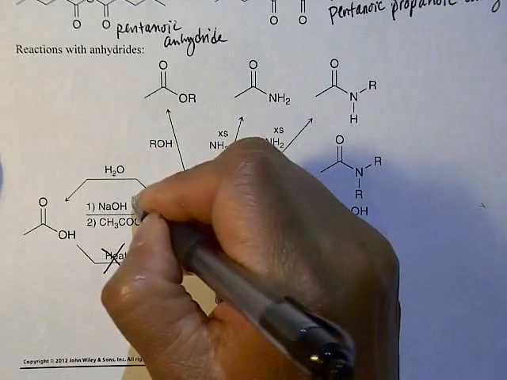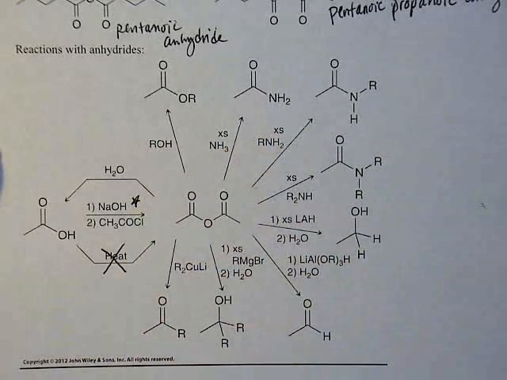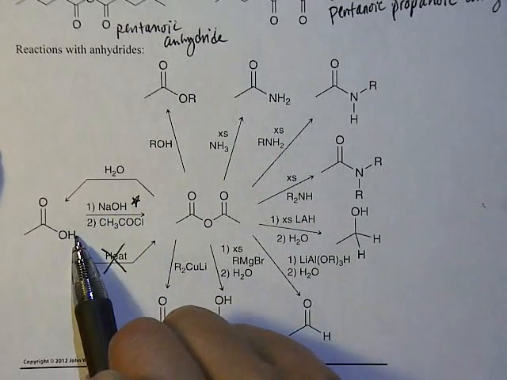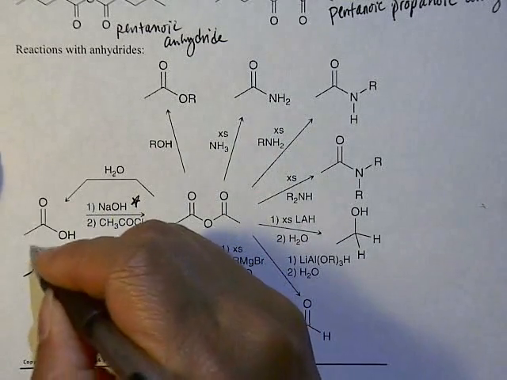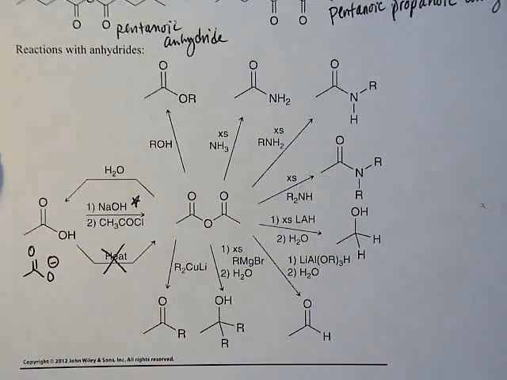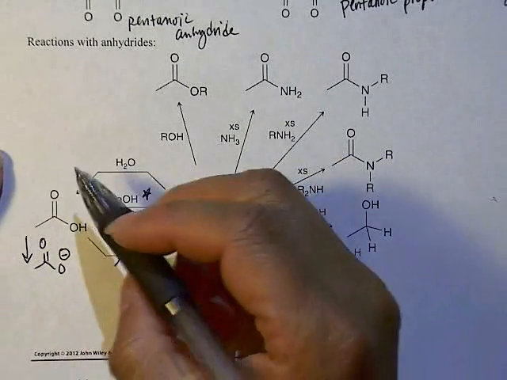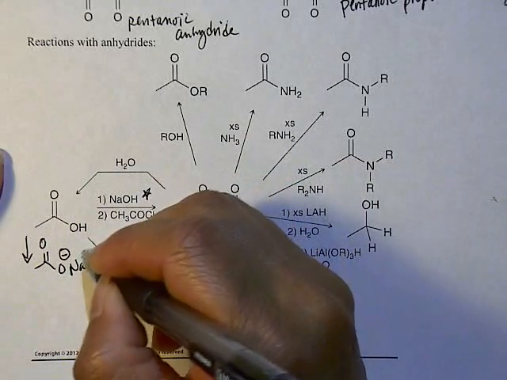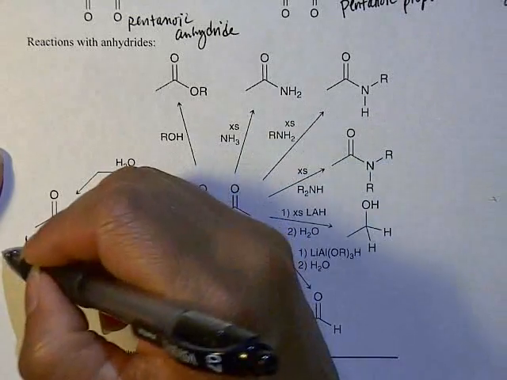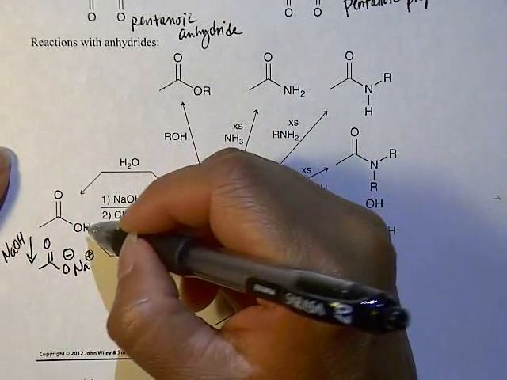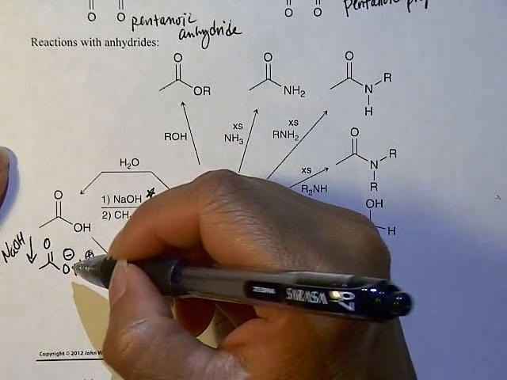This, however, is the way that most people would make anhydrides, which is that first you get rid of this proton with a base. So you form a nucleophile, in this case, an acetate, sodium acetate, right? But with any carboxylic acid, if you remove that proton, it becomes a lot more nucleophilic.